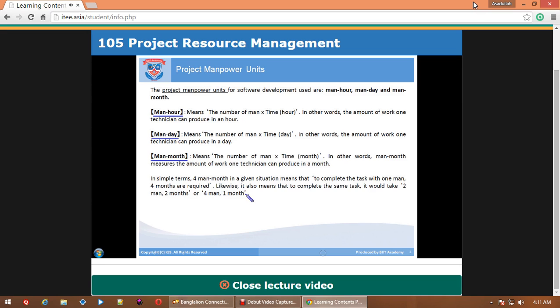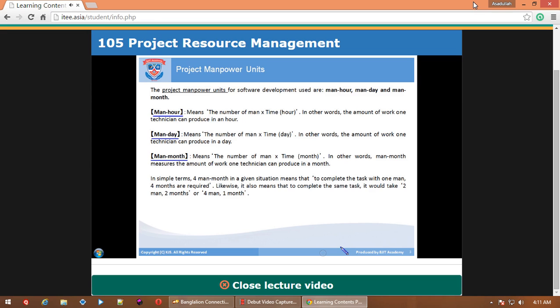It can also mean that with 2 men, 2 months are required, or with 4 men, it needs 1 month.